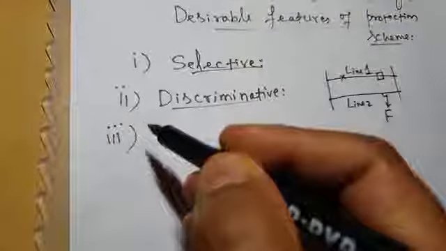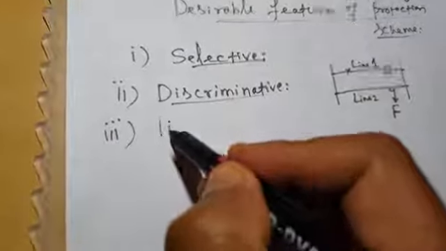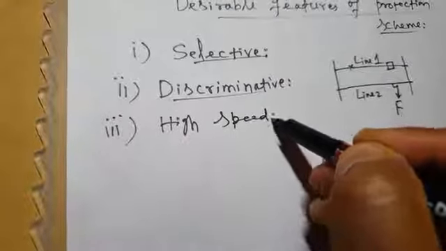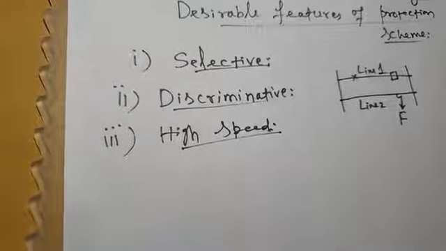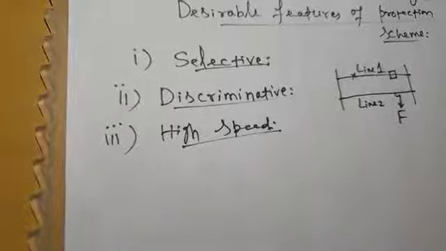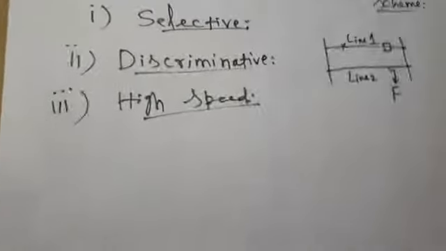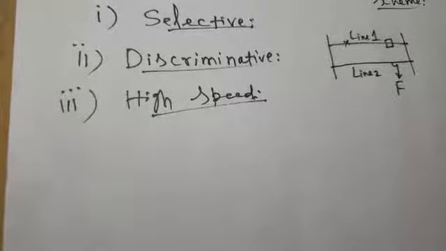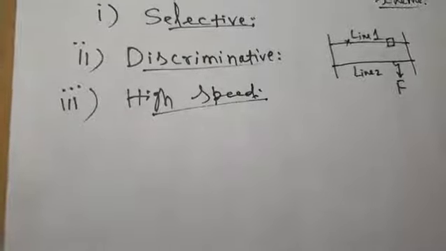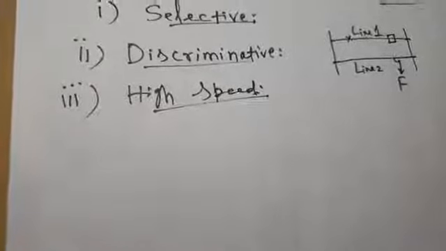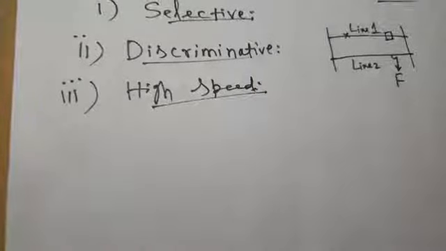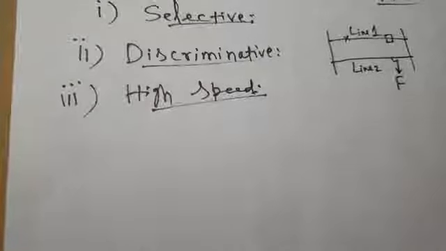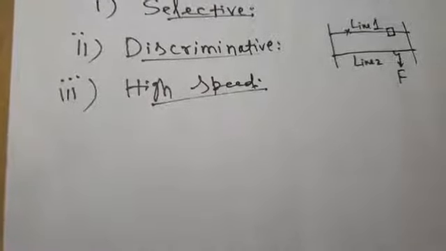Third, it should have high speed. The protective scheme should operate at high speed. Generally the notion is that whenever a fault occurs, your protection scheme should clear the fault at a very, very high speed, almost in no time. But if the action of the protective scheme is very, very fast, then it may operate for transients also.